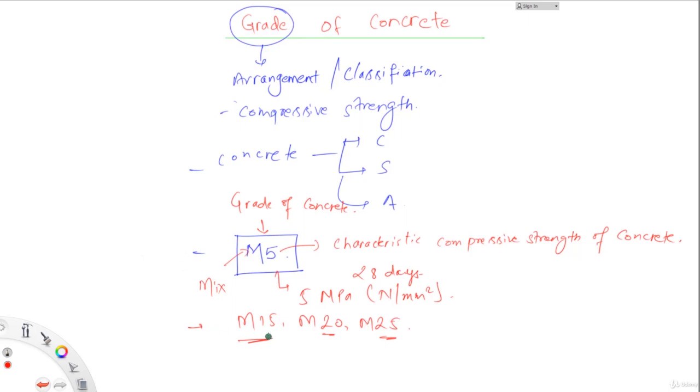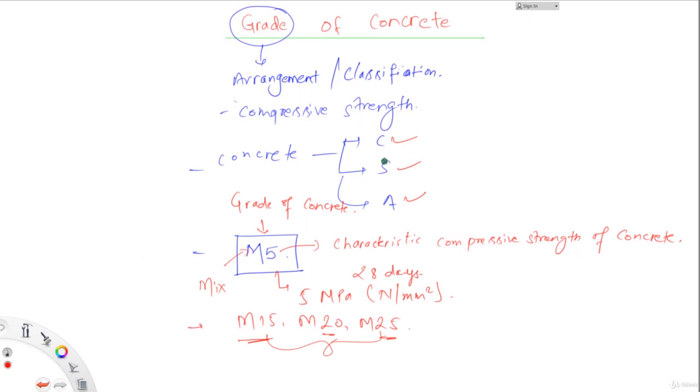So these all three have the same constituents, that are cement, sand and aggregate. However, the ratio of these three things is different, and that's how we get different concrete strengths, and that's how we get different grades of concrete.